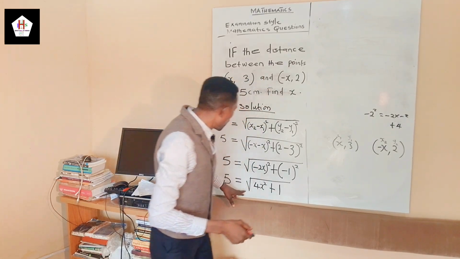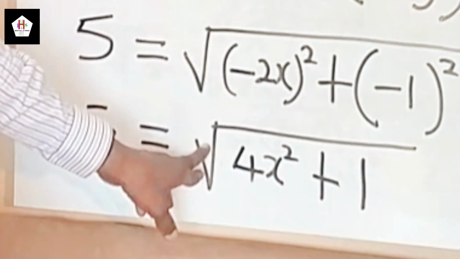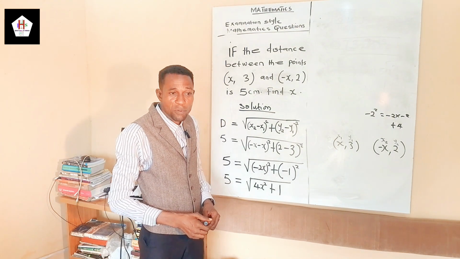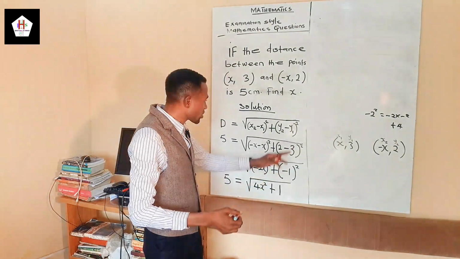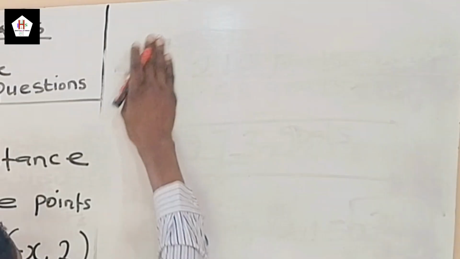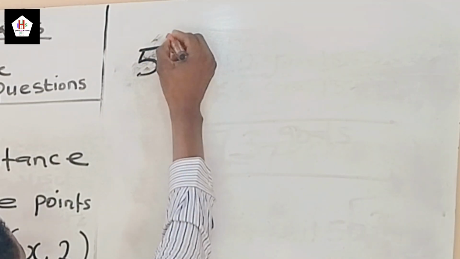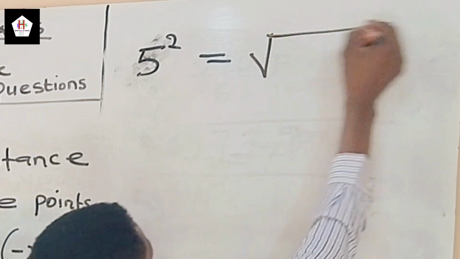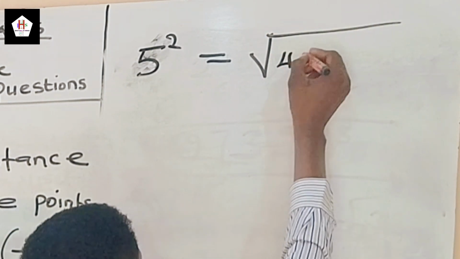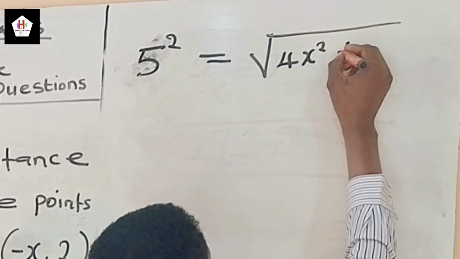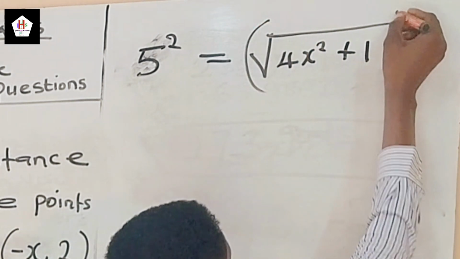Now, we want to remove this square root sign. In mathematics, what we do, we take the square of both sides. Taking the square of both sides, we have the square of 5 equal to the square of 4x squared plus 1.